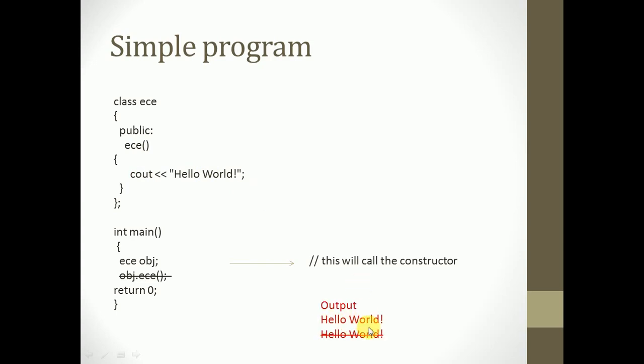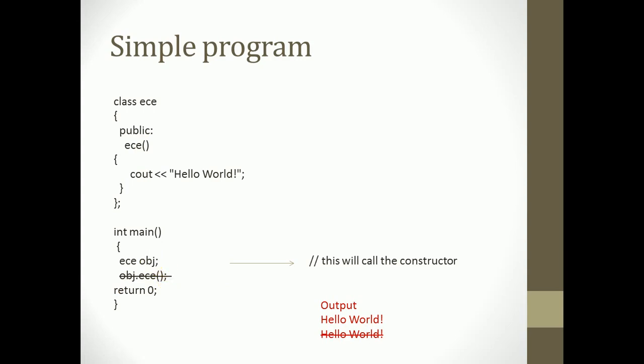Okay. Now coming to the next line. What will happen if I call it using an object and a dot operator? Suppose I call this function as obj.ECE again. Again, it will go to the same ECE function and hello world will be printed twice. But this is not required when you use a constructor.